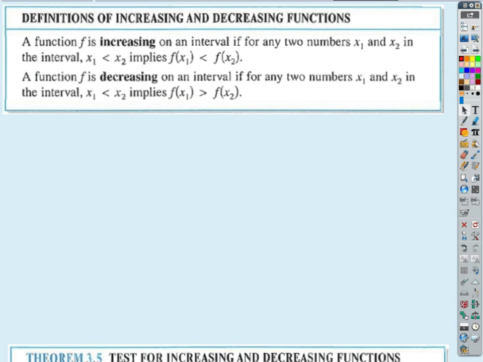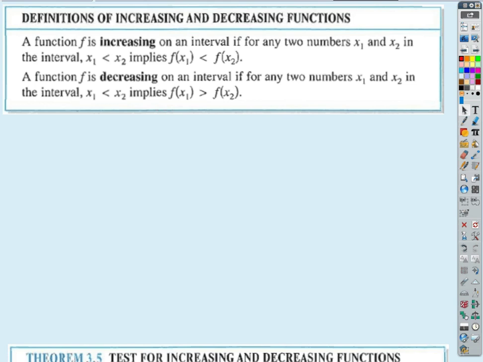Positive slope. Yeah, it's going uphill from left to right. So how does that relate to the derivative then? Okay, positive derivative. So an increasing interval would be an interval on which the derivative is positive, right? A decreasing interval, conversely, would be an interval on which the derivative is negative. It's an easy way to look for it.